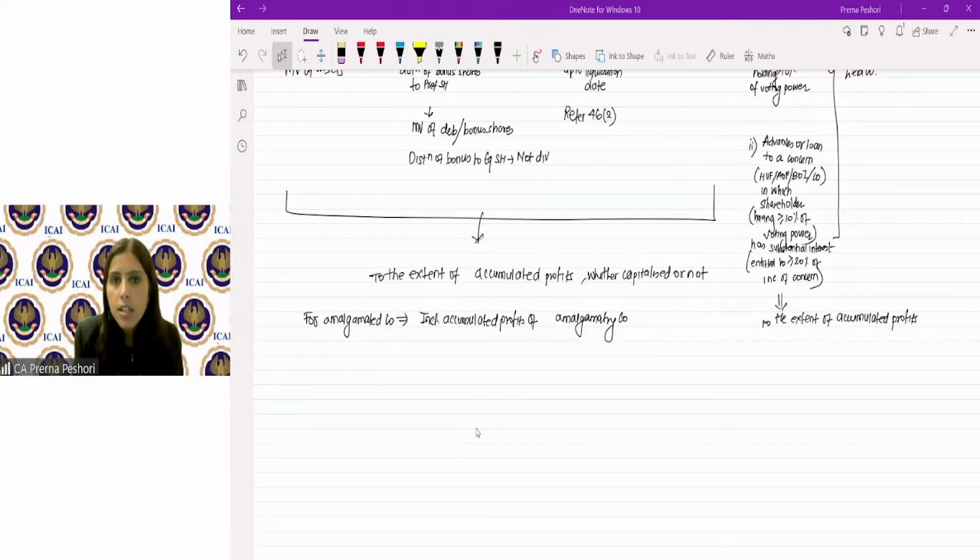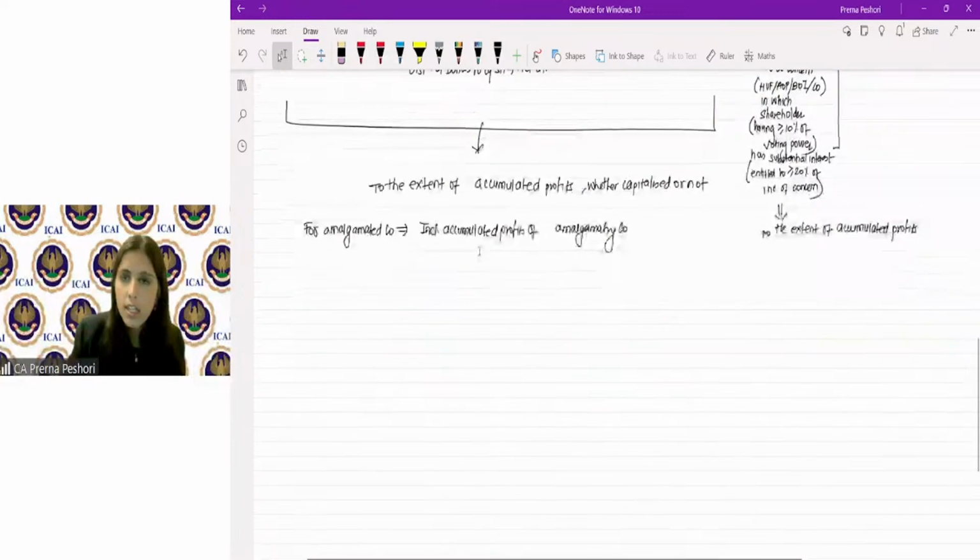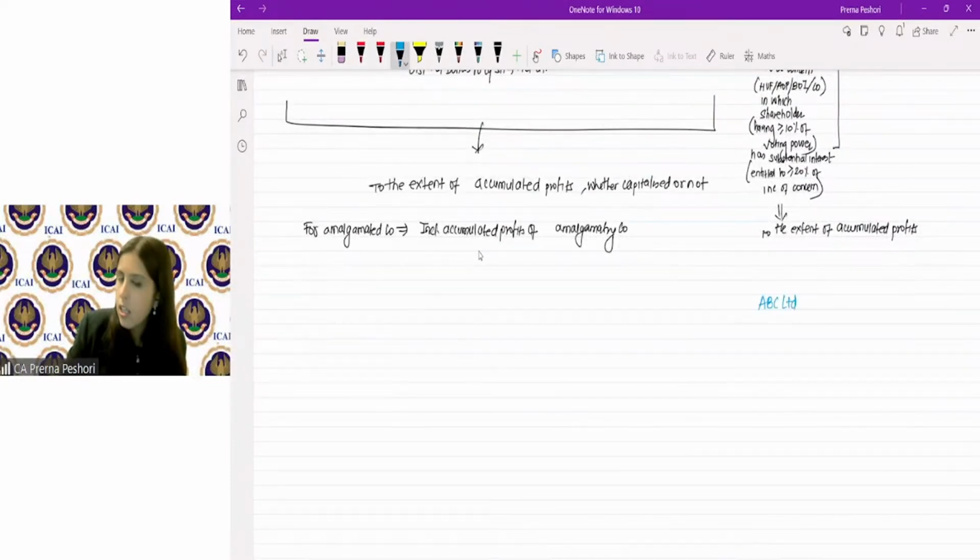Let me write it over here for ease of understanding. Let's say there is this ABC Limited. The shareholder is, let's say, A. He is holding, let's say, 50% shares.